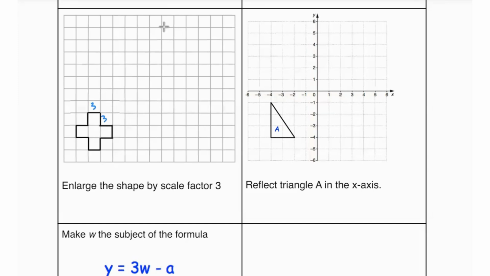So if we draw this over here, 3 boxes, 3 boxes, 3 boxes, again 3, 3, 2, 3, and this is your shape, which is enlarged by a scale factor of 3.